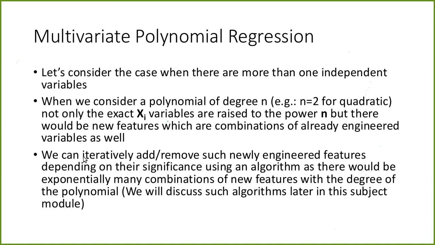And the problem is that when you are having a large number of variables, say you have three independent variables, when you add an extra degree, like when you take the quadratic form, it would be increasing the number of terms in your model in an exponential way, right?